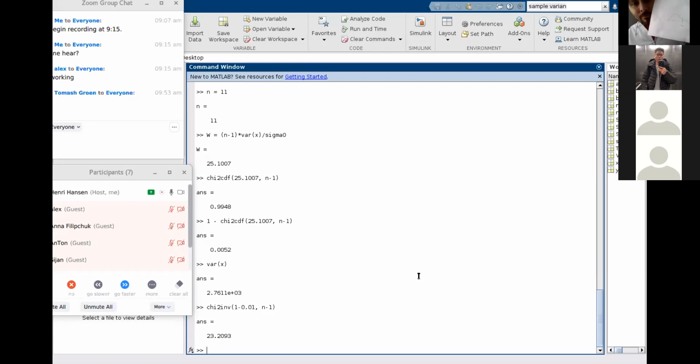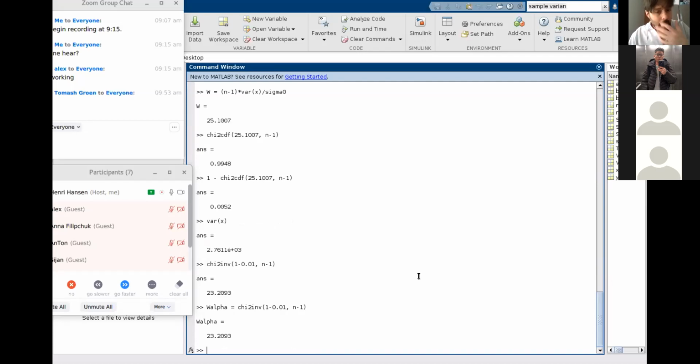This is the value that I just calculated. W alpha is my critical region's limit for the large value. So this value is 23.201.